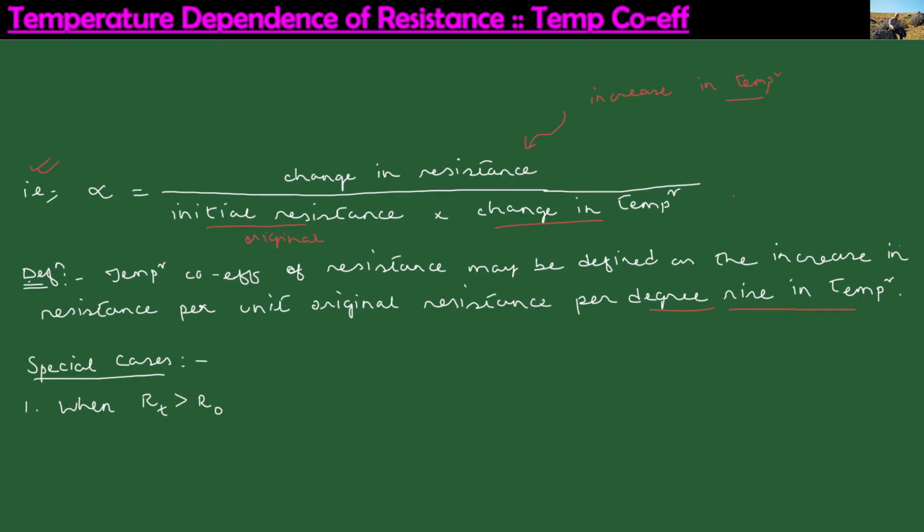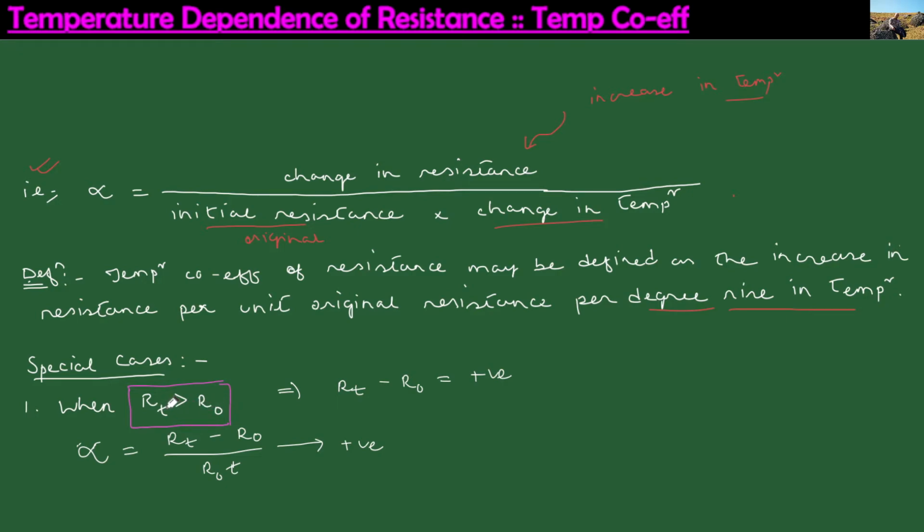When you look closely at the expression, alpha will be given by RT minus R0 divided by R0 into T. Suppose this difference RT minus R0 is positive. Then this expression also will be positive.